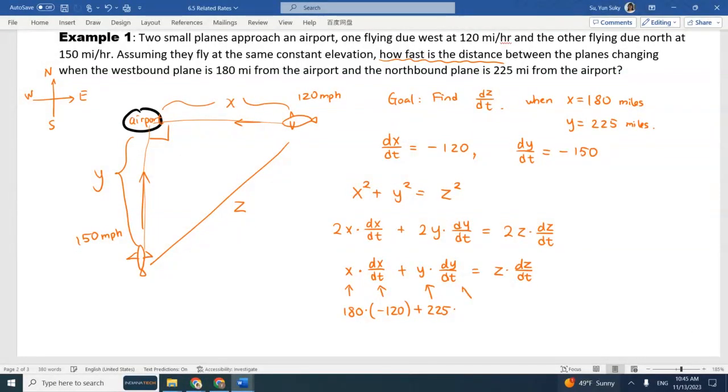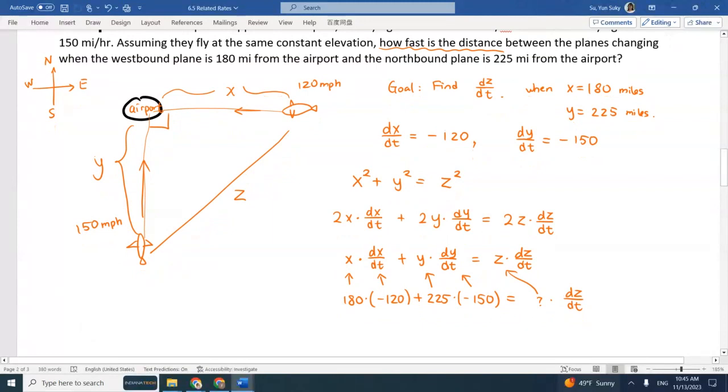How about dy dt? Negative 150. Okay. What is z? We know that we're looking for dz dt. That is our goal, right, everybody? We want to find dz dt. But what is z? Okay, we still need to figure out what z is.